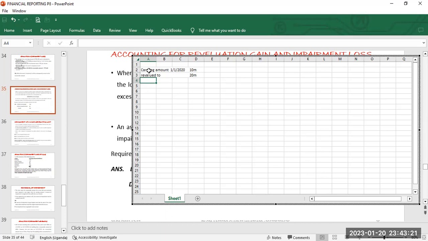Then, if we get the difference, we said we are going to be having a revaluation gain.